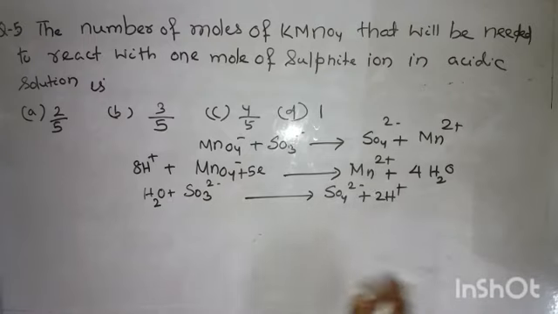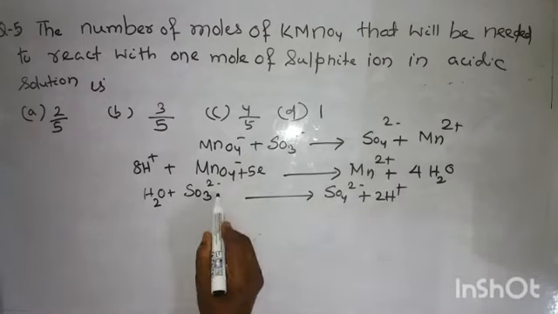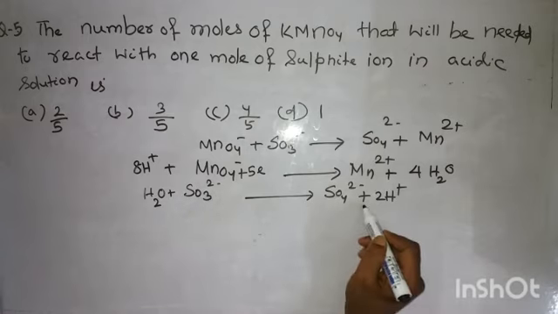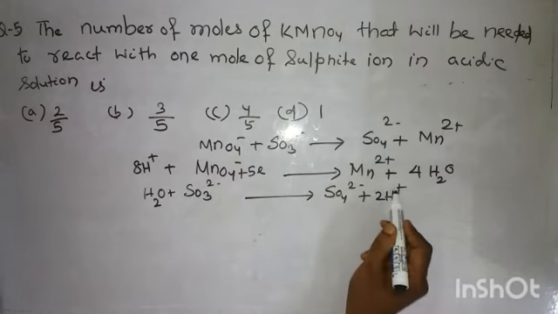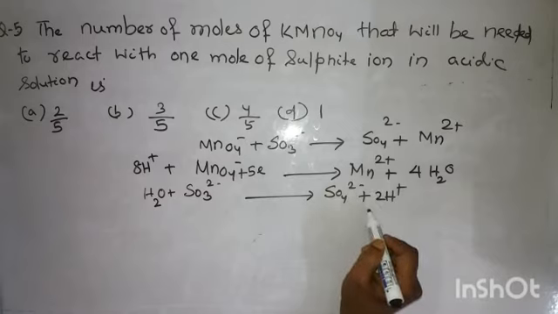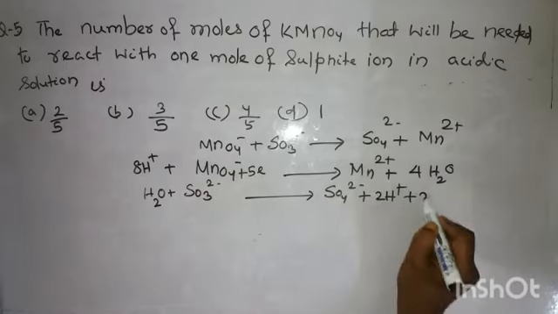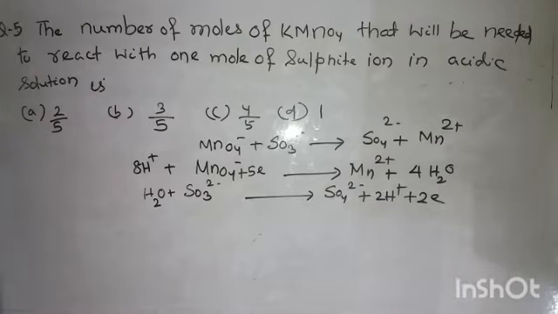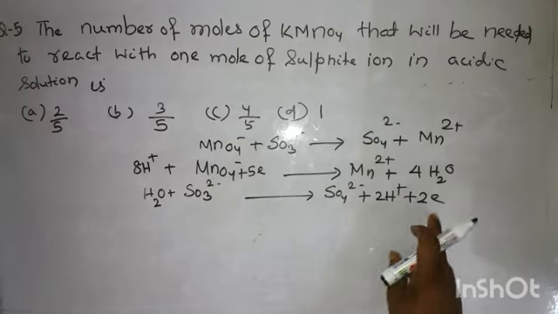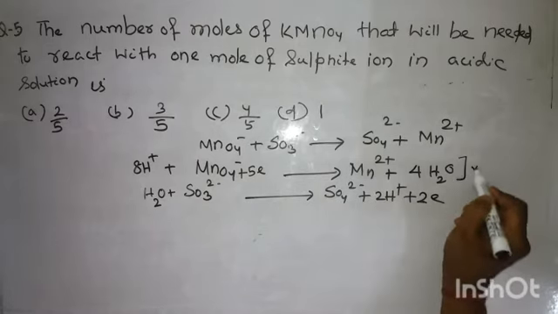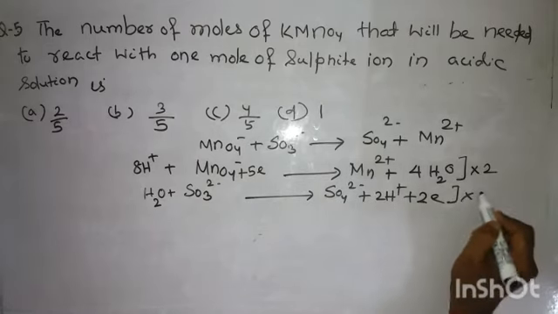Then balance the charge. This side is minus 2, and this side is plus 2 and minus 2, net 0. What will you add? Add 2 electrons, and the charge will be balanced. Okay, and to cancel out the electrons, multiply here by 2 and here by 5.